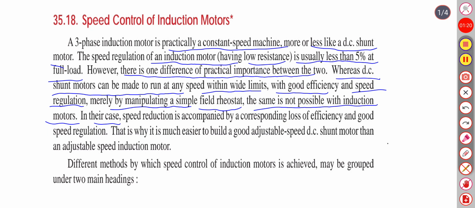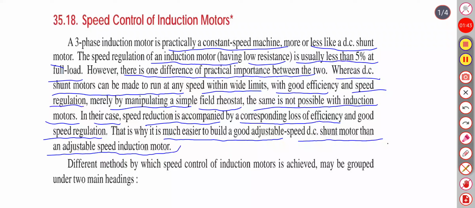In their case, speed regulation is accompanied by a corresponding loss of efficiency and good speed regulation. That's why it is much easier to build a good adjustable speed DC shunt motor than an adjustable speed induction motor.